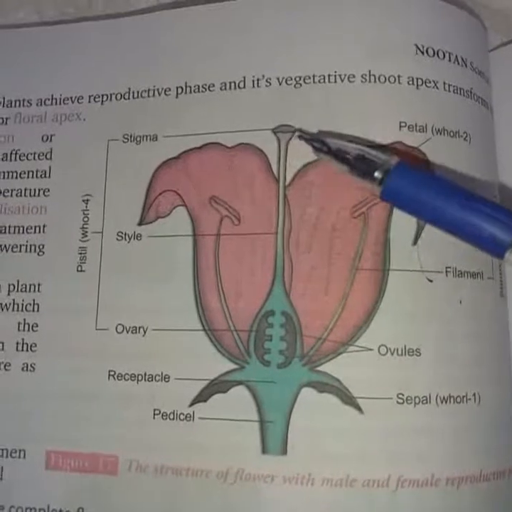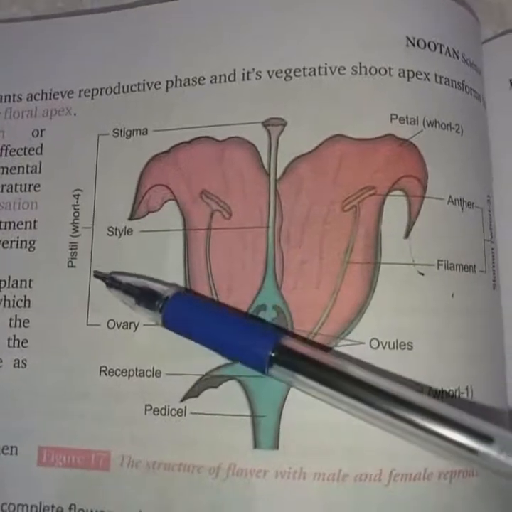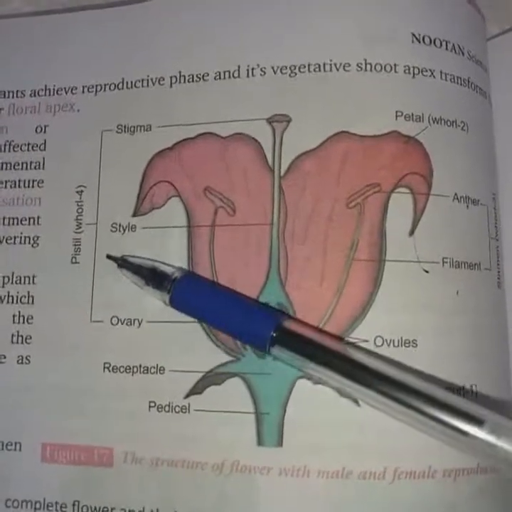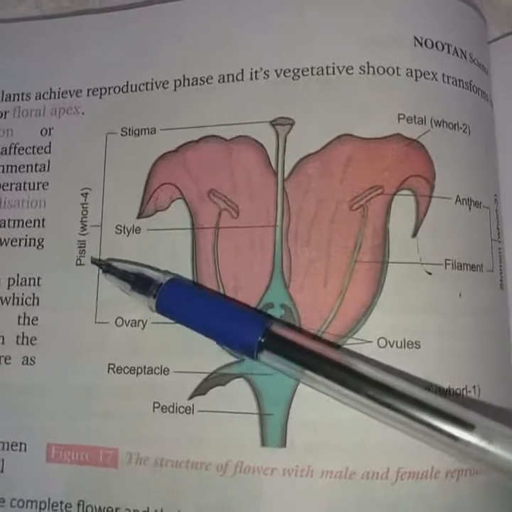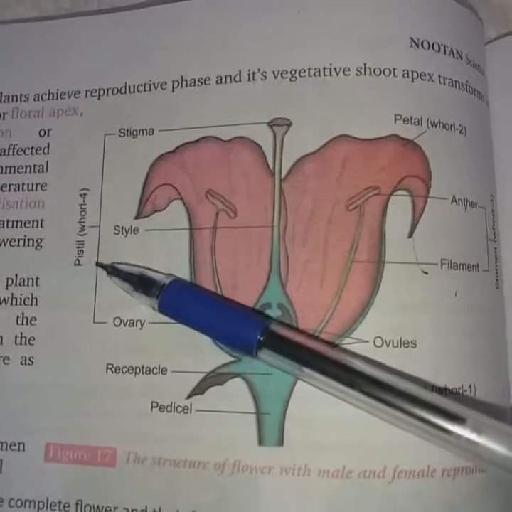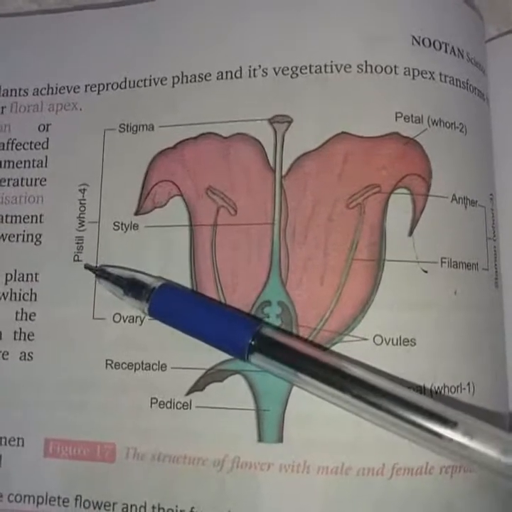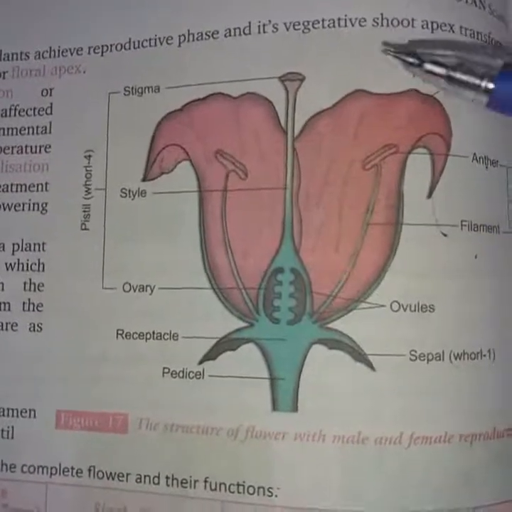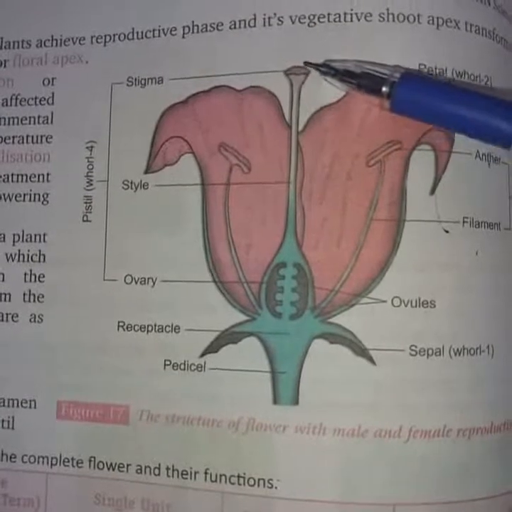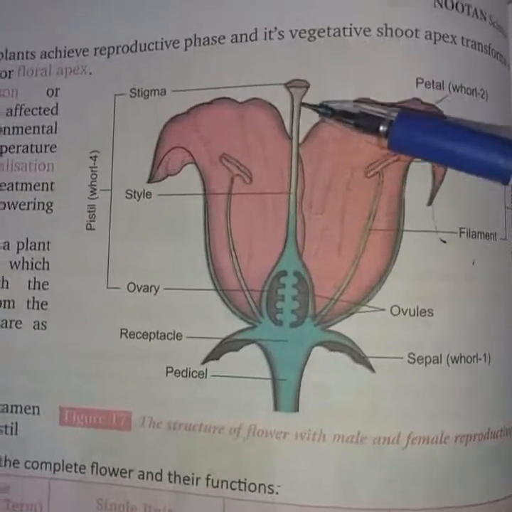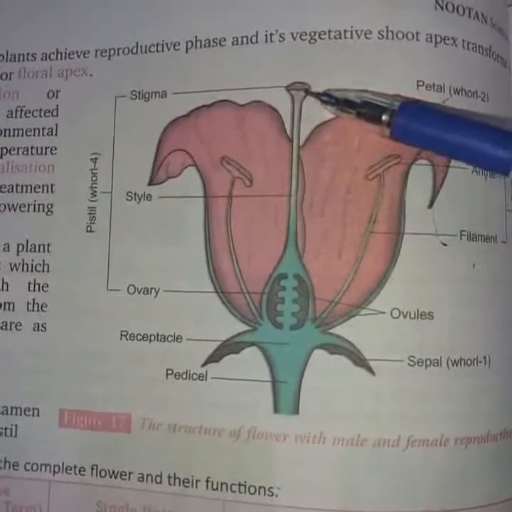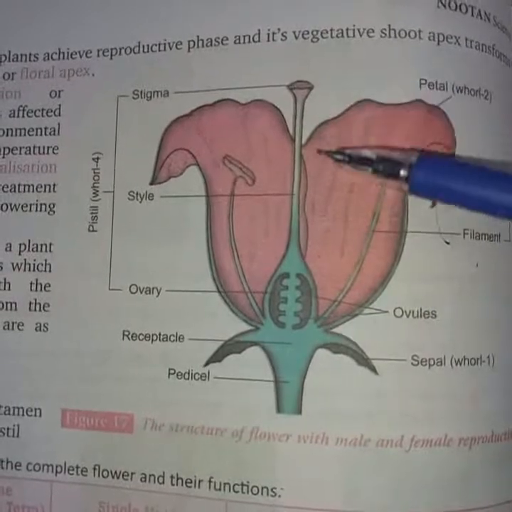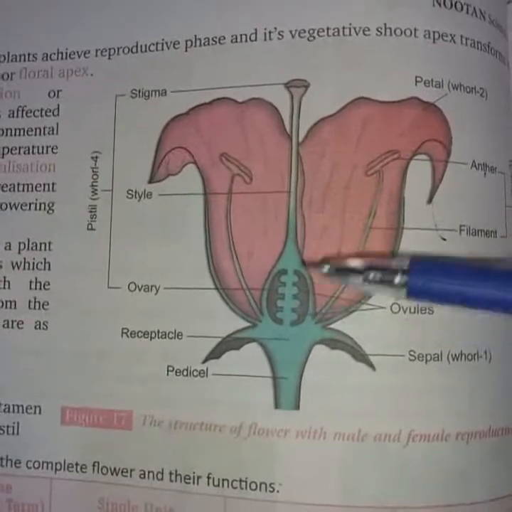Next is the pistil, or gynoecium. The gynoecium is the female reproductive organ of the flower. See this structure, the middle part of the flower, called the gynoecium or pistil.